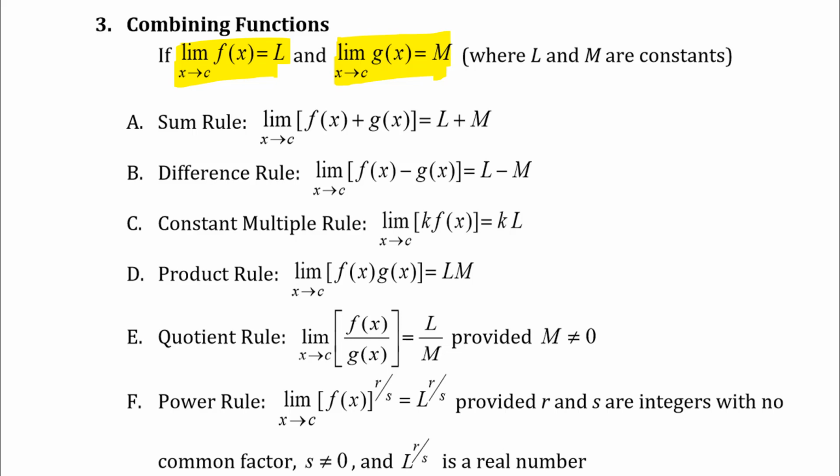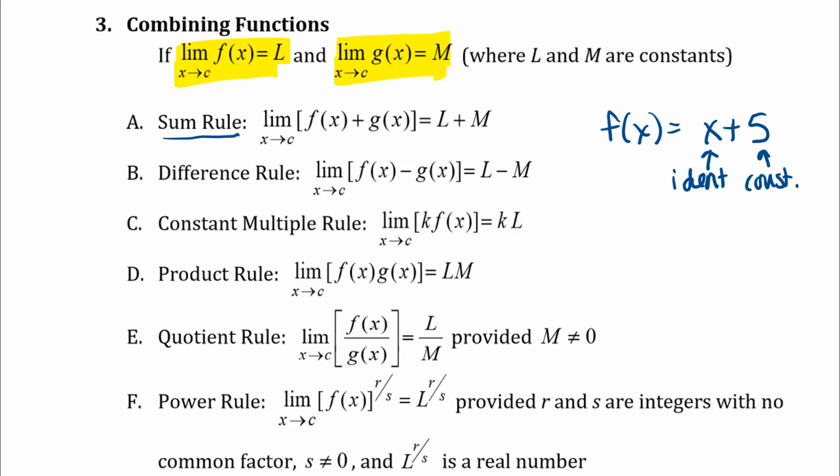So this would allow you to think about limits of functions that are not just the identity function or a constant, but some combination of them. So for example, if I wanted to think about a function that was x plus 5, that's an identity function plus a constant function. And so I could think about combining those two functions using a sum.